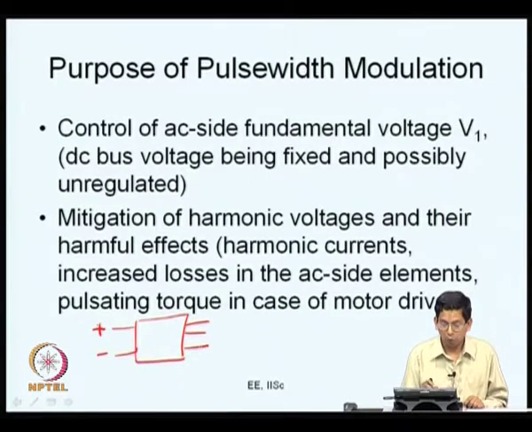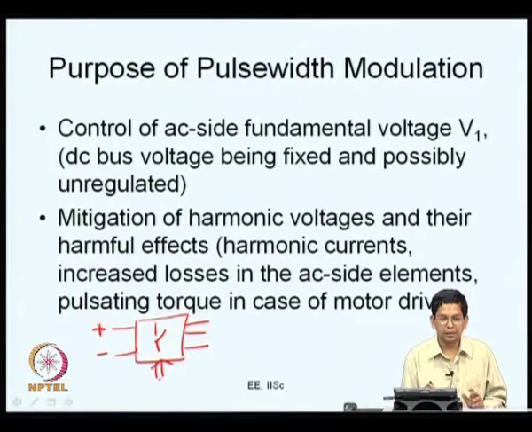Now, how do you get the required amount of AC? That is through pulse width modulation, that is by gating all these signals. What needs to be given by the pulse width modulator is the gating signals for the various devices in the inverter.